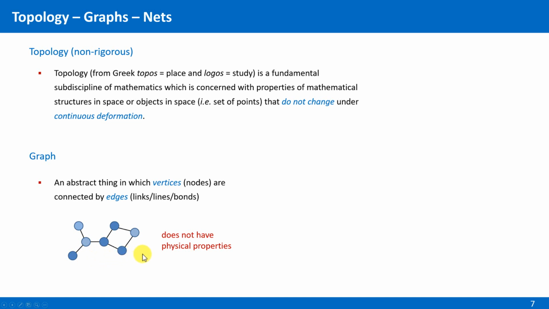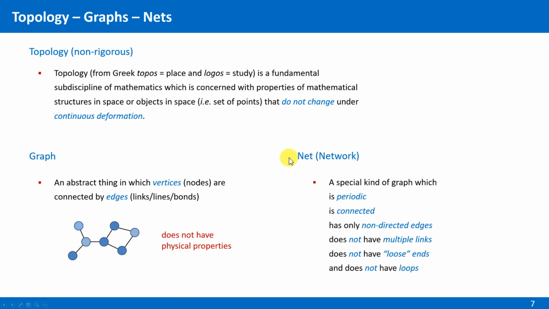In principle, there are many different kinds of mathematical graphs. However, if we consider metal-organic frameworks as graphs, we are exclusively faced with networks. So what is a net? A net is only a special kind of graph which is connected.